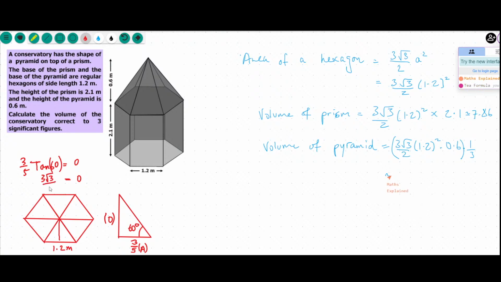And then the volume of the pyramid is 3 root 3 times 1.2 squared times 0.6 divided by 6, because I divided by 2 and by 3. Which is a lot less. Guess that's fine. 0.75 approximately.